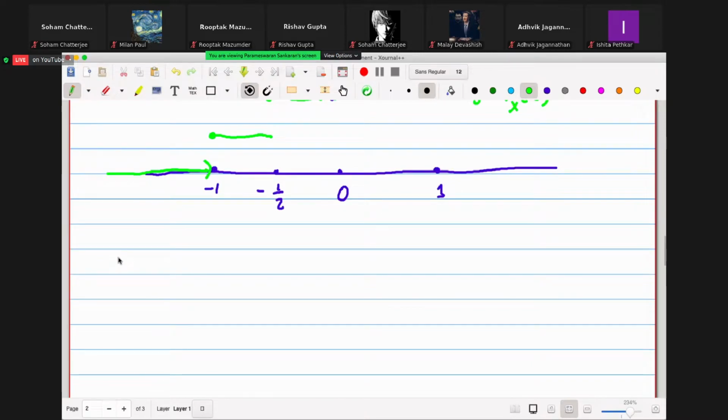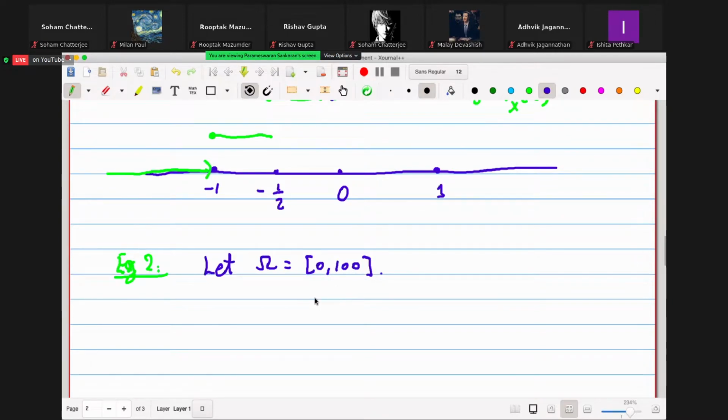Example 2. So let us take omega to be equal to 0 to 100.